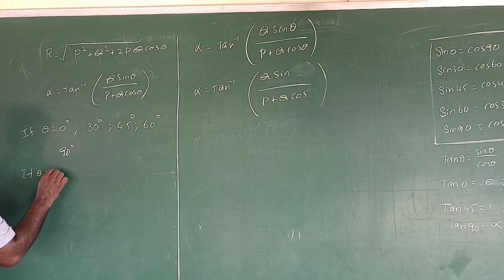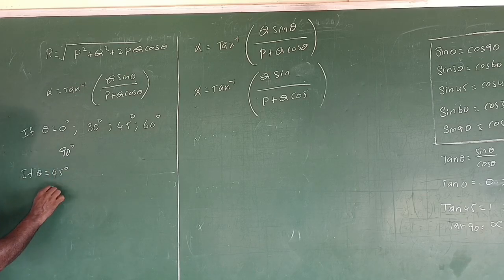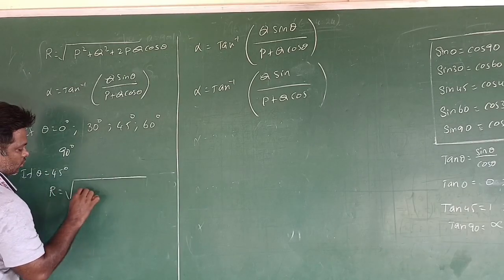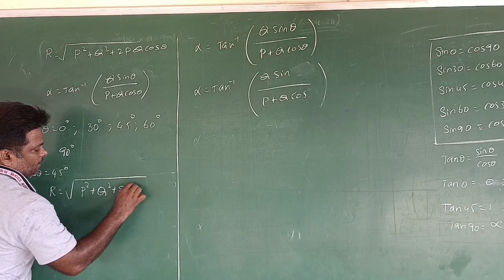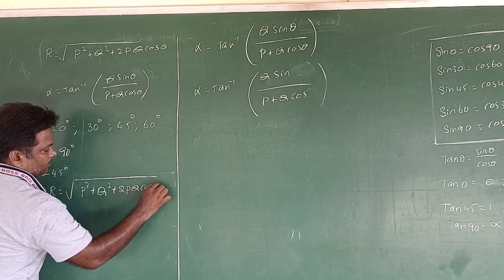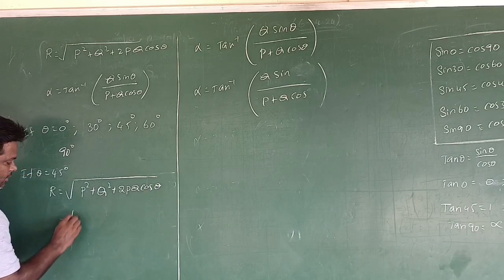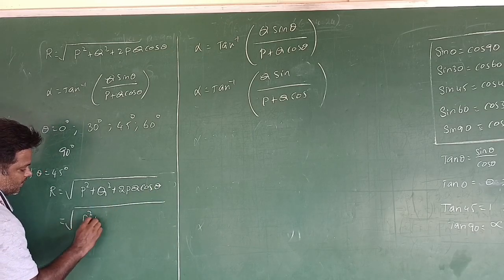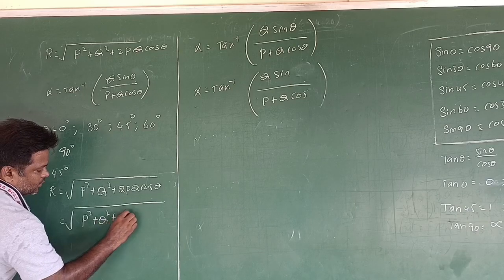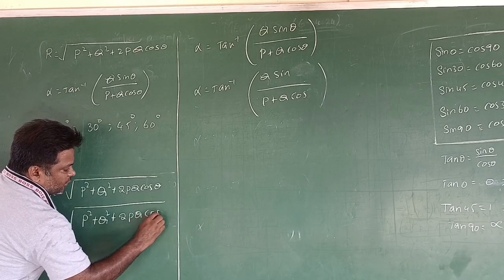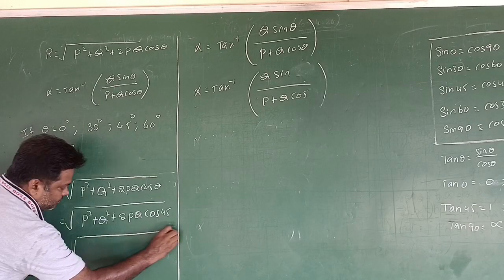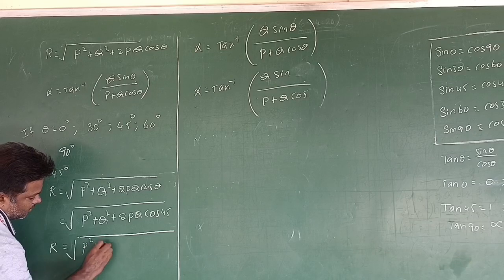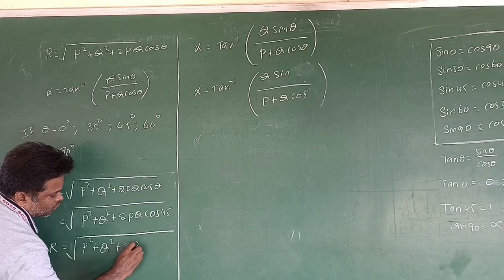If theta is equal to 45 degrees, then R is equal to root over P square plus Q square plus 2PQ cos theta. How are we going to write this? Root over P square plus Q square plus 2PQ cos 45.